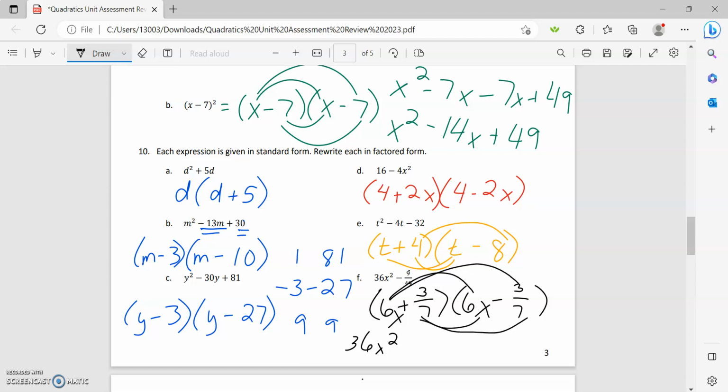And then my last terms are 3/7 times 3/7, which gave us the plus 9/49. Oh, sorry, minus 9/49. Okay, so 6x plus 3/7 and 6x minus 3/7 is how you get that. All right, 12.5 minutes, that's plenty. I'll stop this and start another video and see how far we can get.